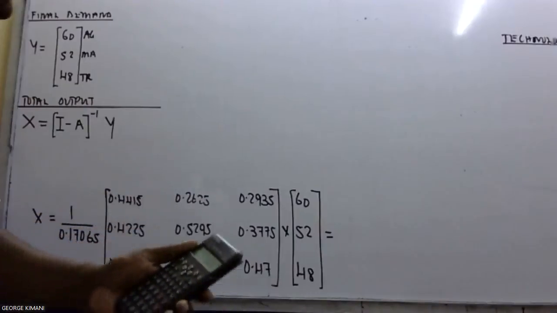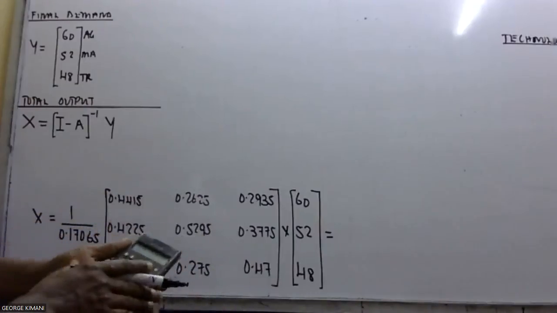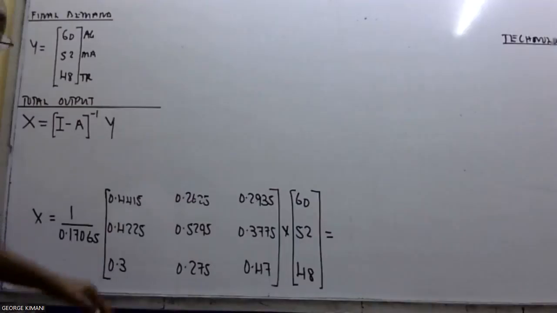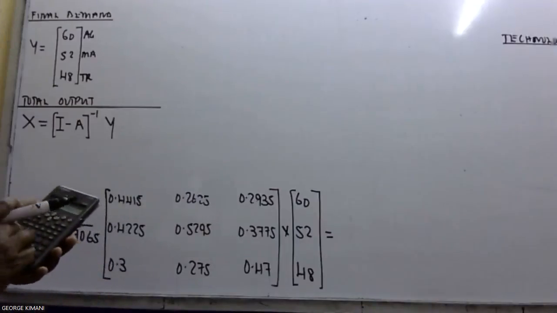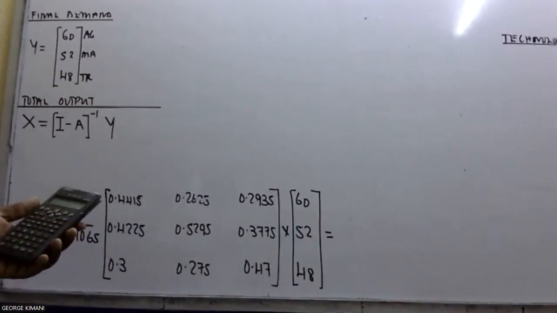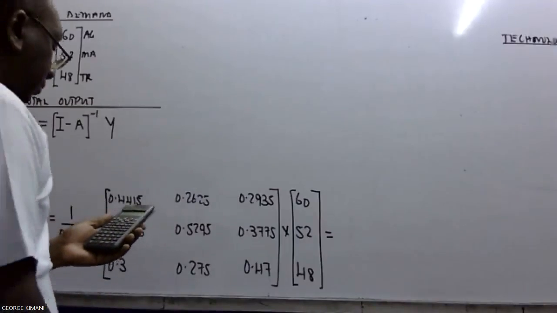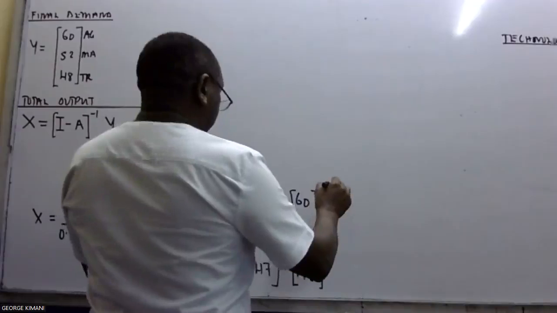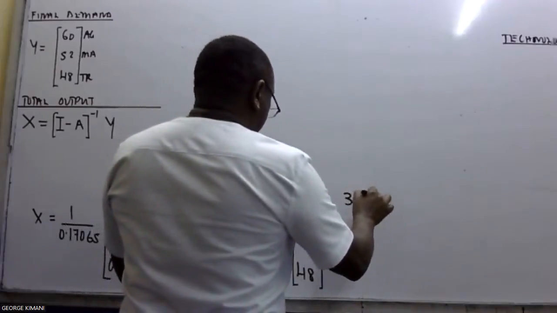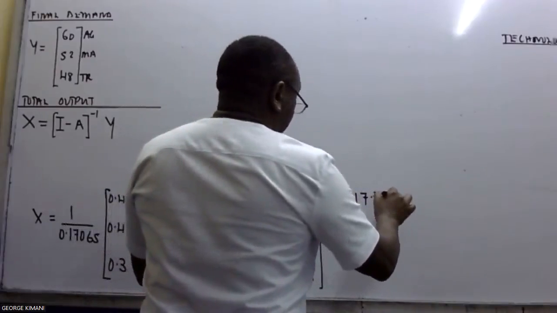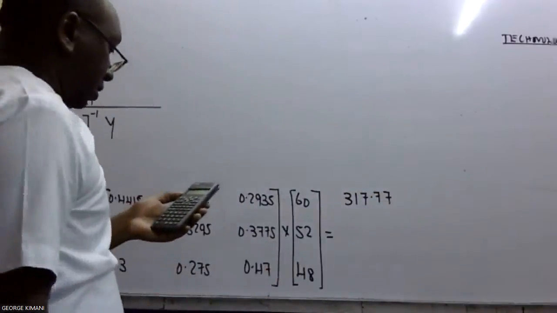I'm getting 54.228. Yeah, so now divide that answer by 0.17065. Tell me whether you're getting 317.77.